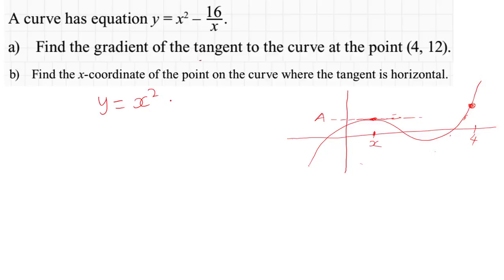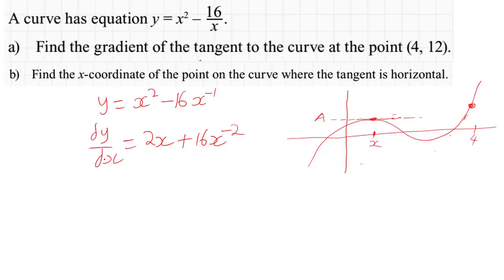I've got x squared, take away 16 times x to the power of minus 1. This x here has got power 1 at the bottom. Bring it up, it becomes minus. Now, once you've done that, you're going to differentiate it. So dy dx is going to be equal to 2x. Negative 1 times negative 16 is going to be plus 16. And the power is going to go down by 1. So it's not going to become 0. It's going to go down to negative 2.